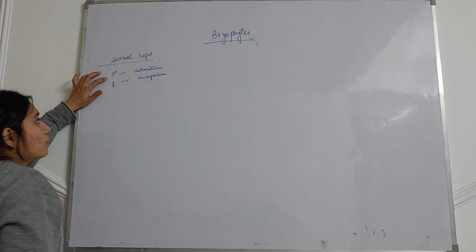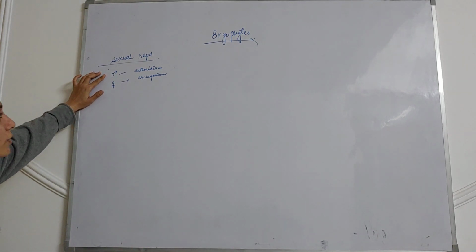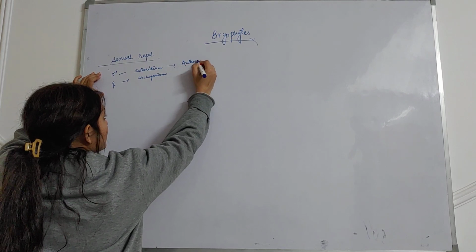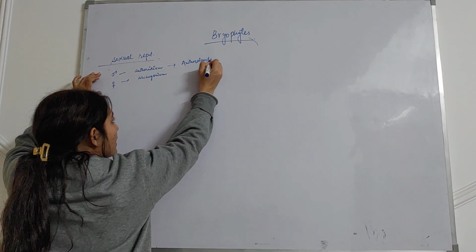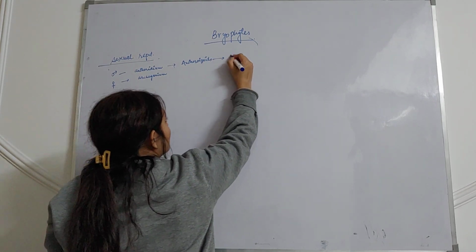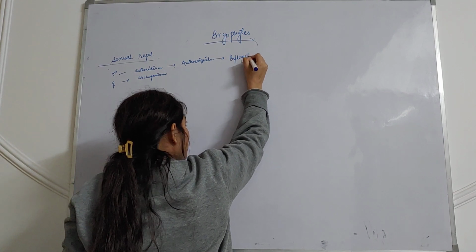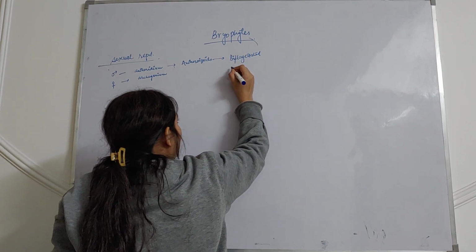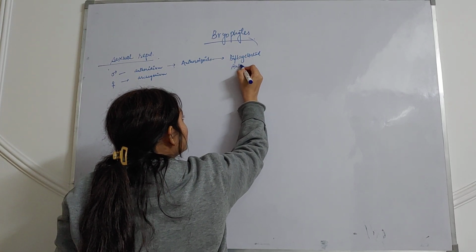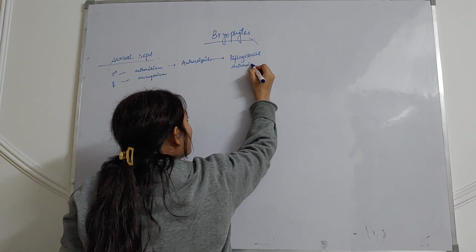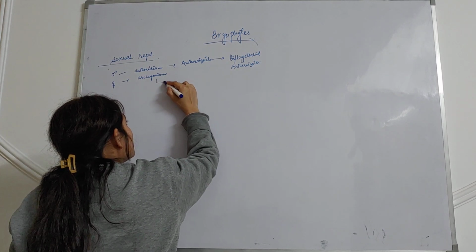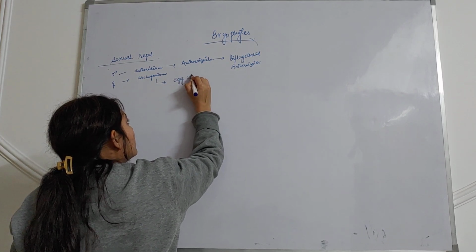In case of male reproductive organ or antheridium, antherozoids are present or they are released in water. Actually, they are biflagellated. Biflagellated antherozoids are released in water, and archegonium consists of egg cell or egg.